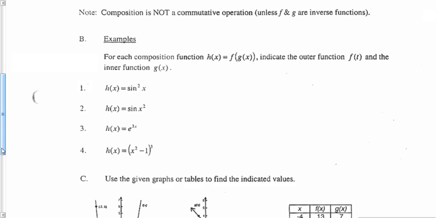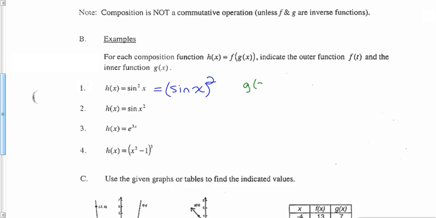Looking at number 1, I'm first going to rewrite that. That is the mathematician's way of writing the fact that we have sine of x, and that whole thing has been squared. So what's the inside function? When I first enter x into this, the first thing I'm going to do is take the sine.